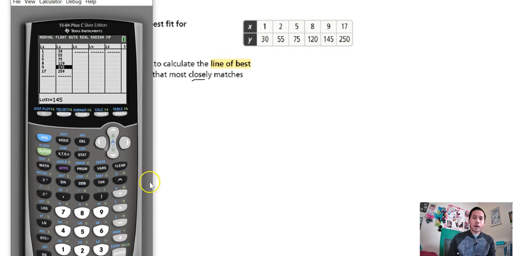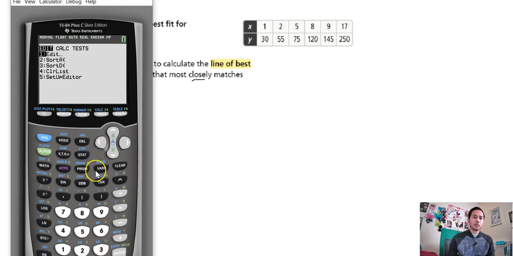And then we also have 145, enter, and then 250, and then enter. Once you are done, I want you to press Stat again. Now you see here edit, calc, and test. So I want you to go to calc, and then go down until you see reg.